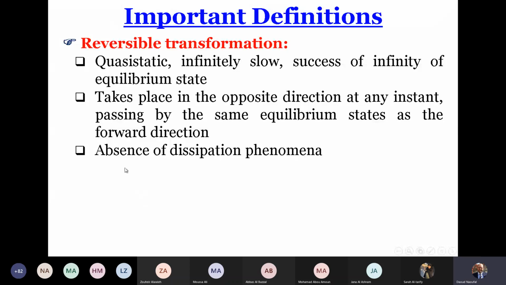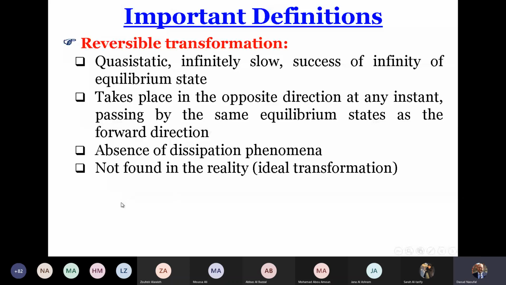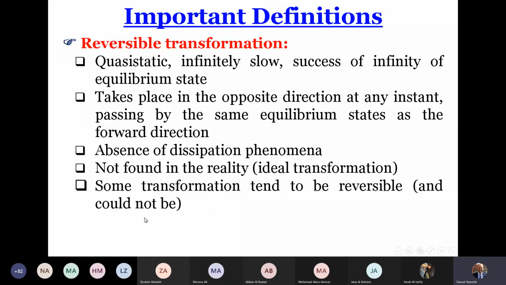In the reversible, we have absence of dissipation process. The reversible transformation does not exist in reality. So all transformations are practically not reversible in our nature. Some transformations tend to be reversible, but could not be.